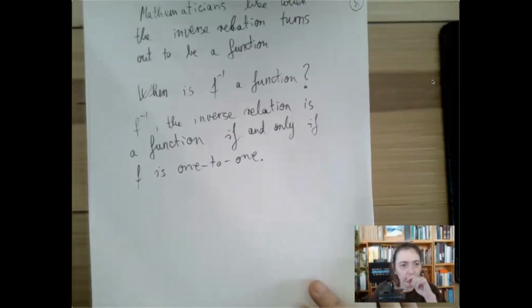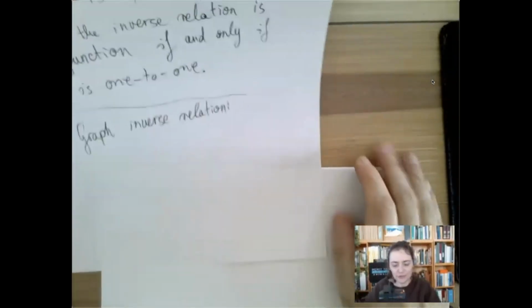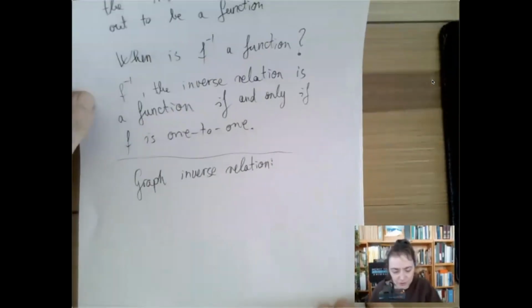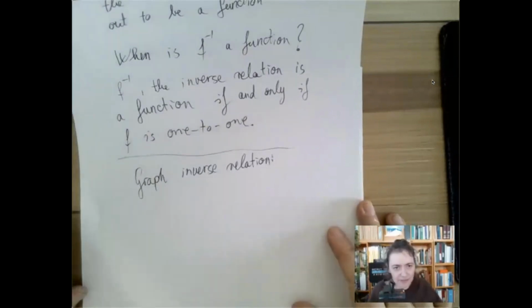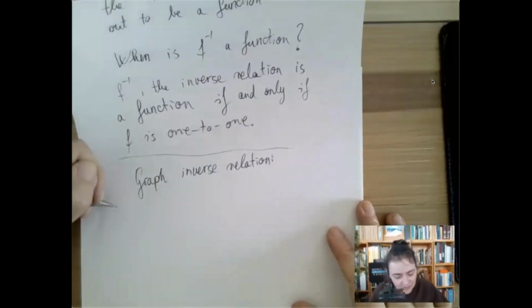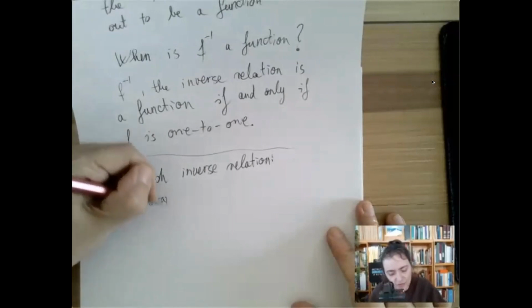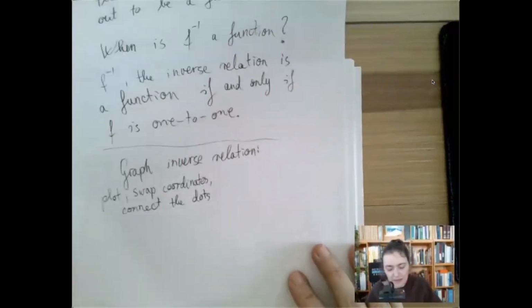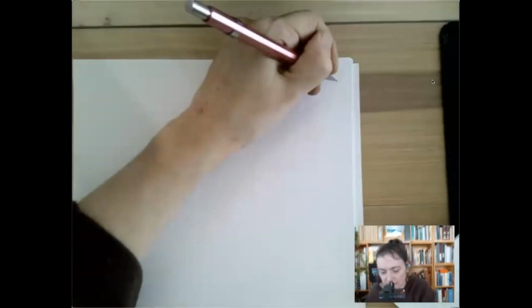So let's first graph the inverse relation because that's fun. There are 3 ways to do that, but I'm not going to show you all 3. My recommendation is plot, swap coordinates, connect the dots. I'm just going to use x squared, which is g of x.